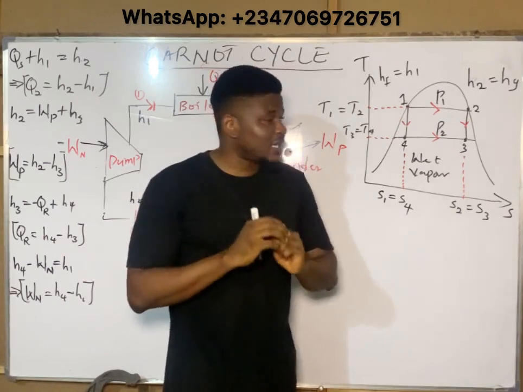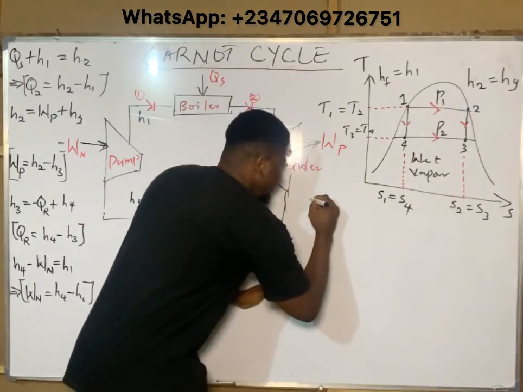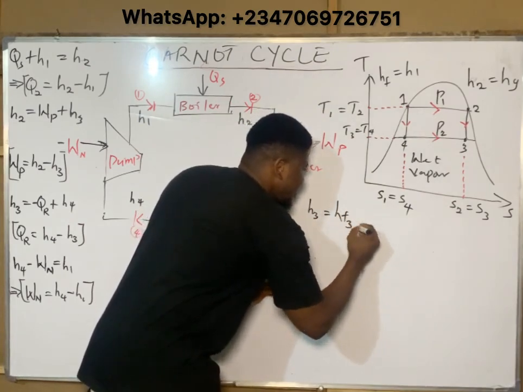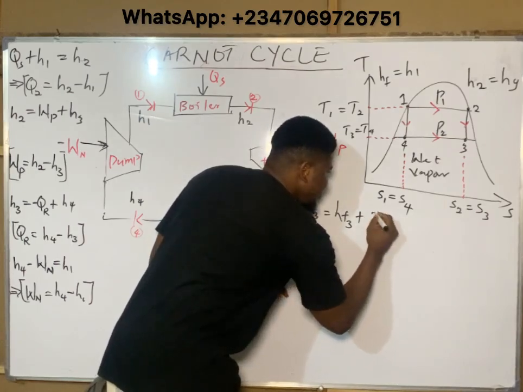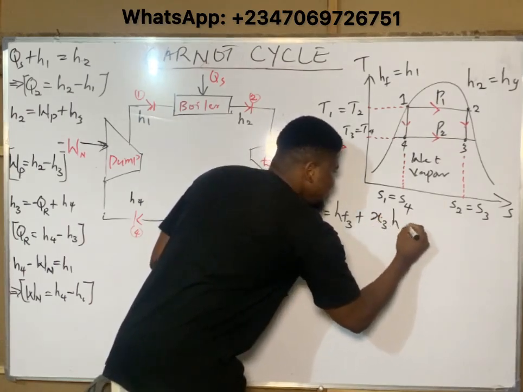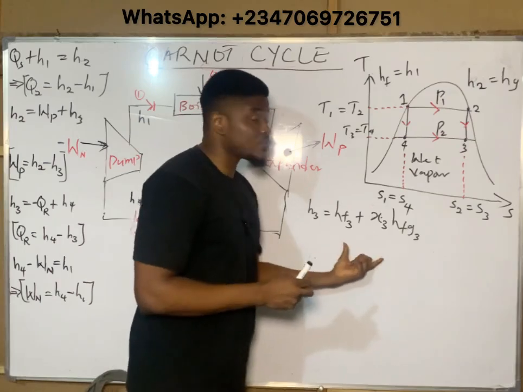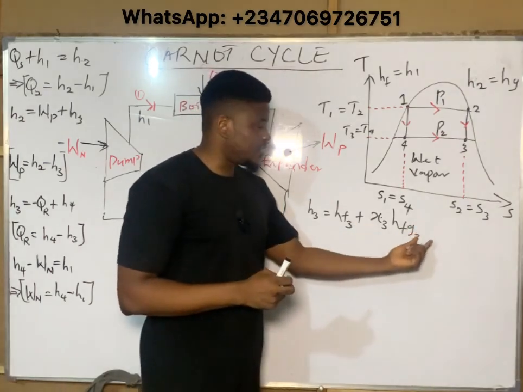But before we get into that, to find the enthalpy at state 3, we simply make use of the equation H3 equals HF at state 3 plus X3 multiplied by HFG at state 3. So this 3 is just to indicate that we are at state 3, or it's simply HF plus X times HFG.